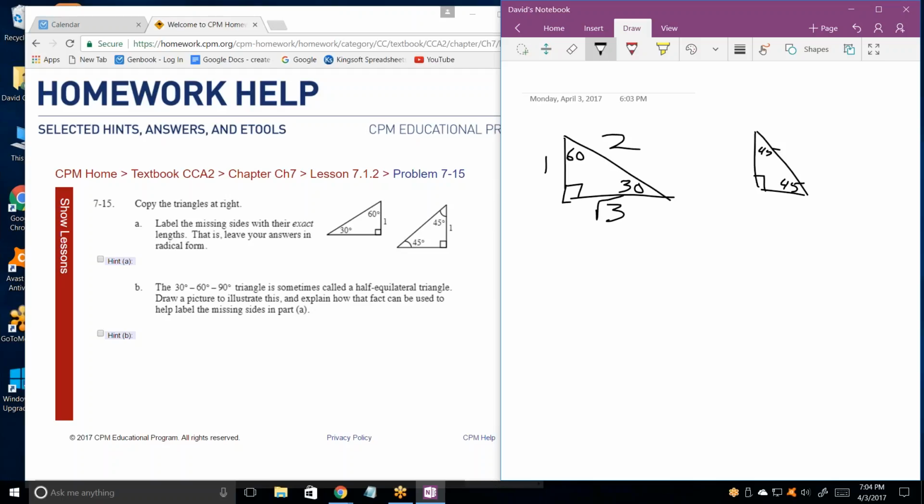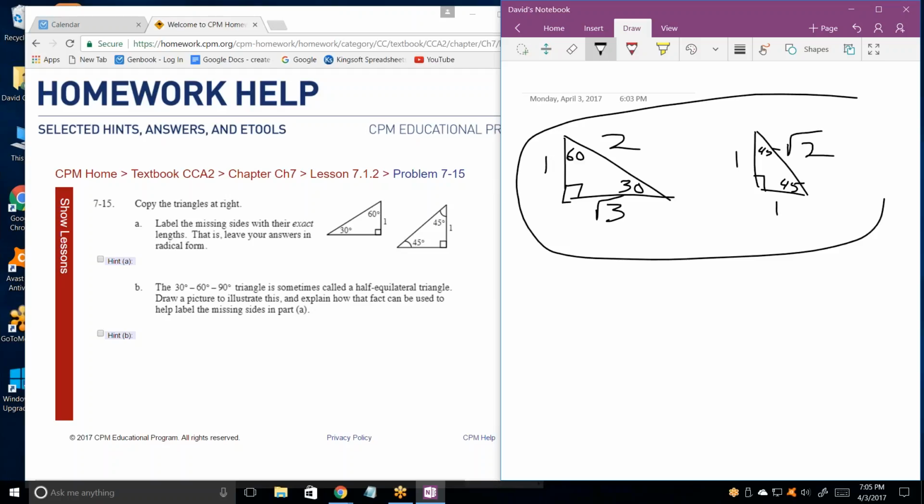On the 45-45, it's 1, 1, square root of 2. Memorize this so you can recreate it from your brain at any point in time. There's nothing you could memorize in math as important as these two triangles. It's the foundation of trig. It's the foundation of geometry.